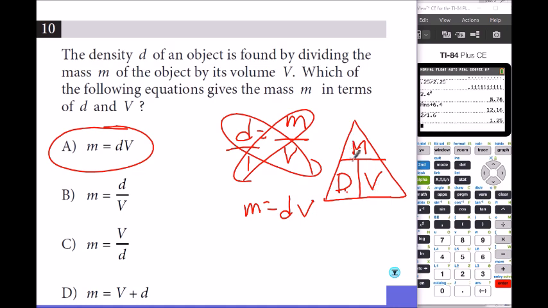So whichever you do, if you're looking for mass, you cover the top, so then it's D times V. If you're looking for the density, you cover the density, then it is mass divided by volume, which usually they give you in the question. What else can you do? If you're looking for the volume, you can cover this, and you're looking for m divided by d. So we call this the magic pyramid, but this is enough information to find the answer, A.